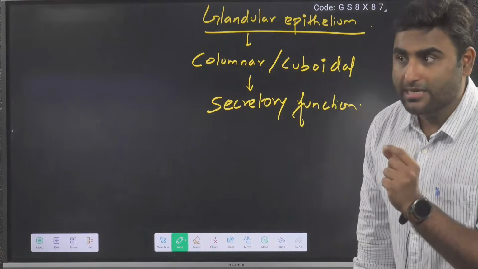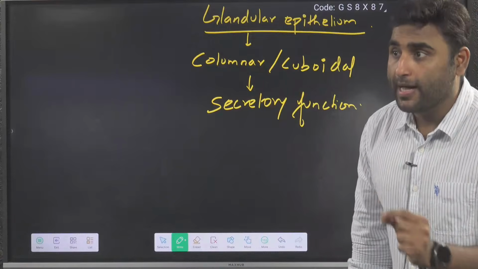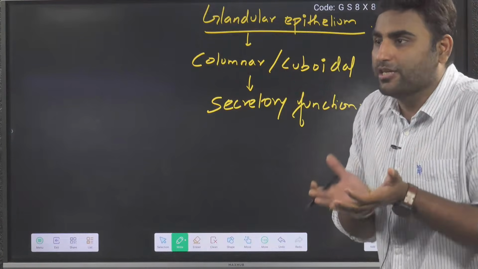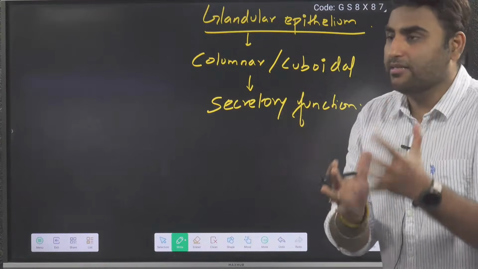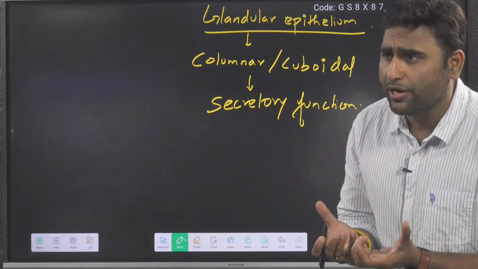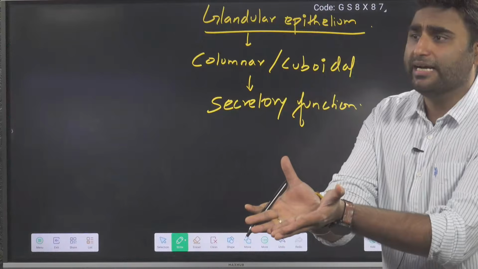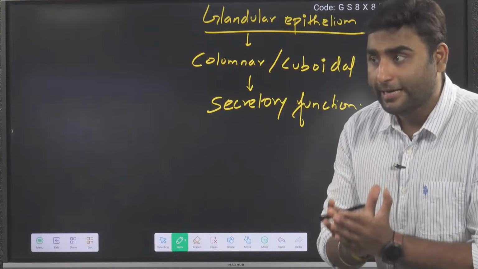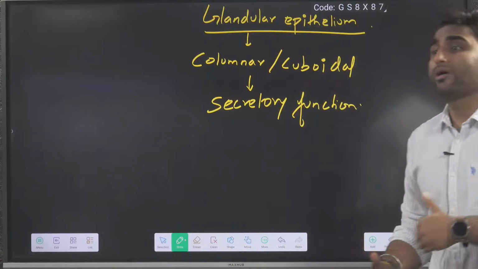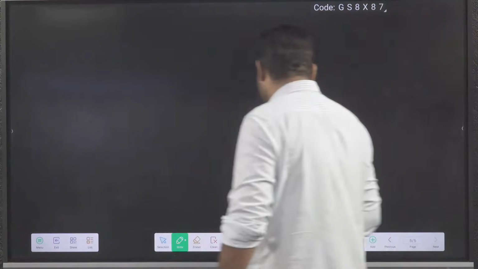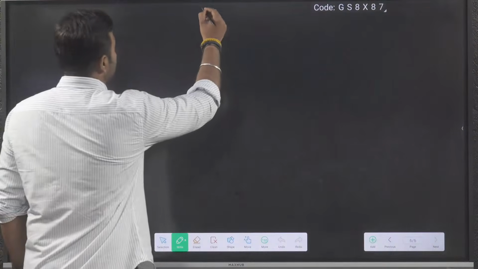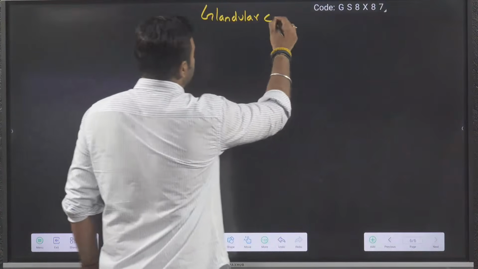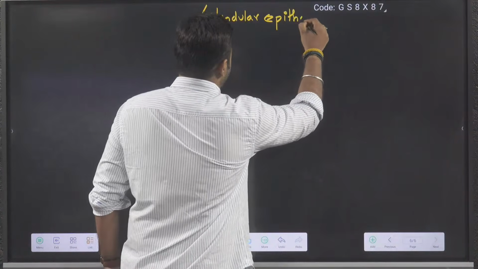So epithelial cells, especially columnar or cuboidal, which are modified for secretory function. They are secreting something, they are synthesizing, they might be storing a little bit also, and they are secreting something. So what does it become? It becomes glandular epithelium. Let us look quickly: what is the classification of glandular epithelium? Glandular epithelium has two classifications as per NCERT.